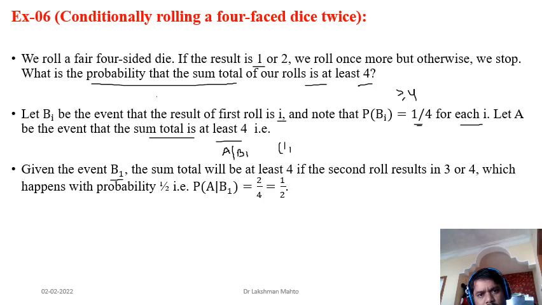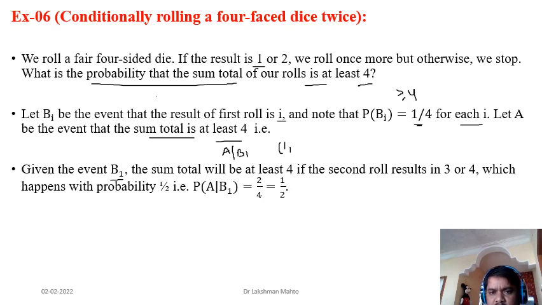You are talking about the happening of 1. You have already seen event B1, then you are talking about event A. That means you will get at least 4. If you are getting 1 in the first roll, then you are allowed to go for the second roll in such a way that the sum would be at least 4.